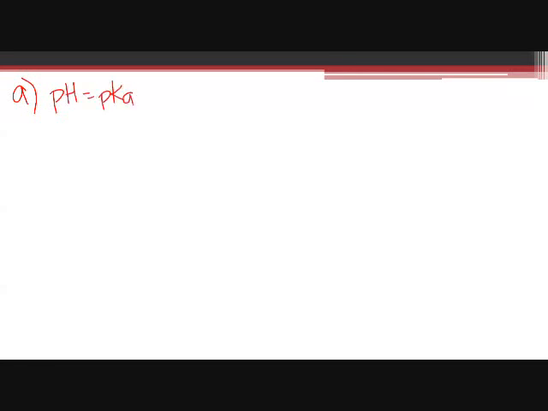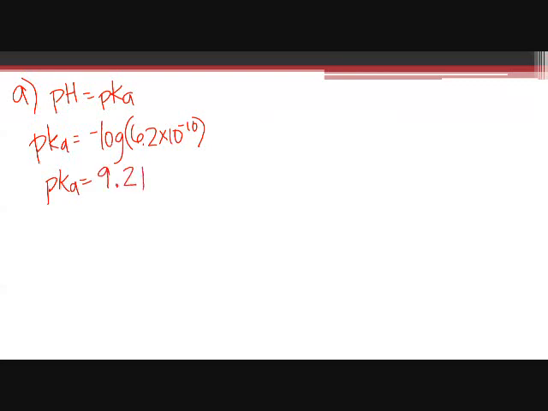And so to find the pKa, we just have to take the negative log of the Ka that was given in the problem, 6.2 times 10 to the negative 10. And I got 9.21. So then that 9.21 is the pH value.